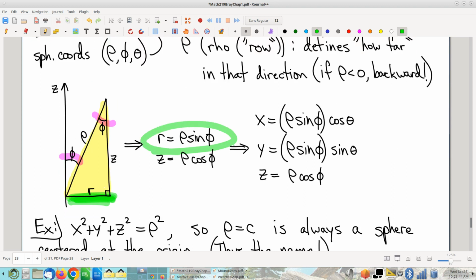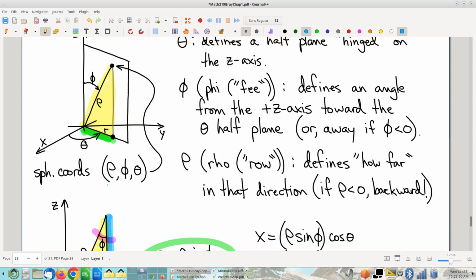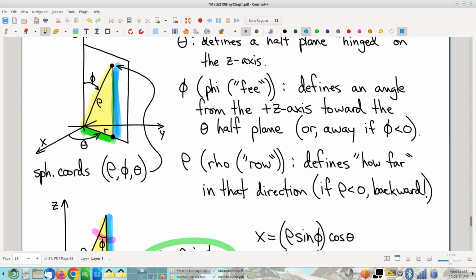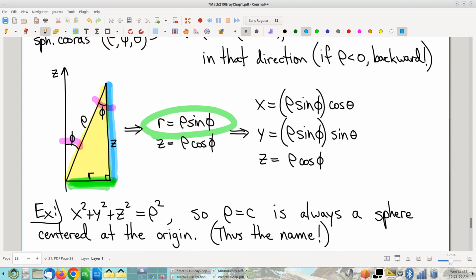And then likewise, this right here is clearly the z-coordinate. That's the height in this triangle. And also, from this triangle, that's clearly rho cosine phi. I claim that once you make these observations, everything else kind of falls into place. It's kind of automatic. What are the formulas for x and y?